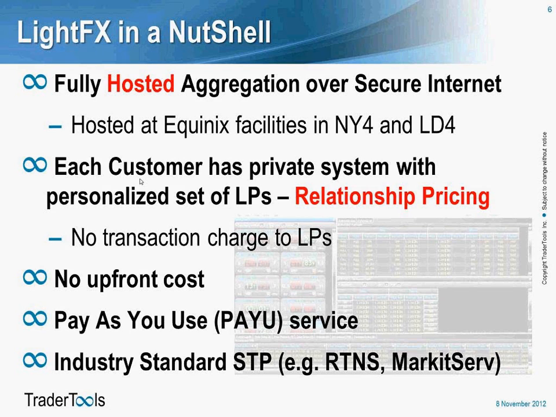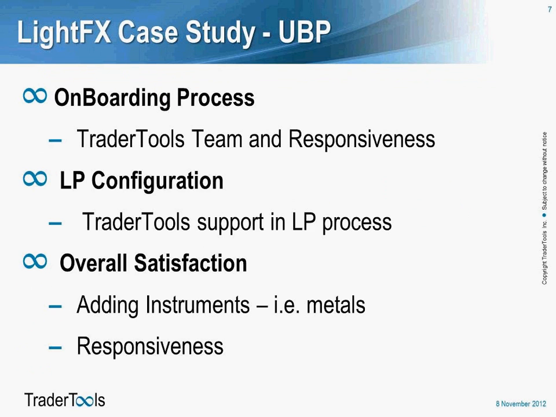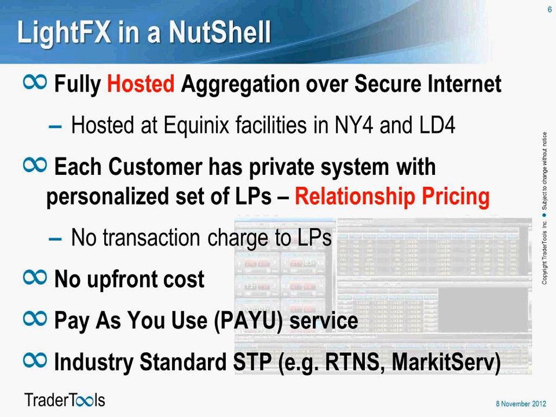Best execution does not only mean the best prices, but it also means the best fill performance. So that really is what we think differentiates our solution from some of the others that are out in the market. In addition, we don't and never have charged liquidity providers. Let me go back. We don't charge liquidity providers for providing prices to our system.